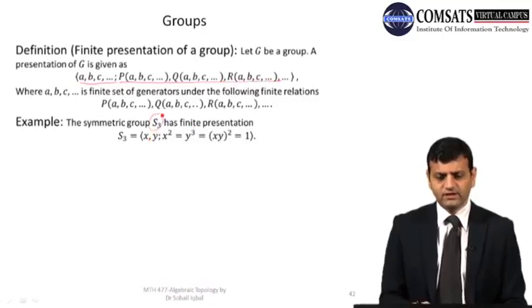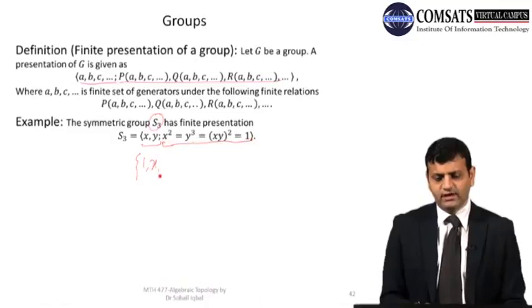In case of S3, we have seen that every element can be written as a product of powers of x and y. So we can say that x and y are generators, and the relations satisfied by them are x square is equal to y cube is equal to (xy) square is equal to 1. If we use these relations, then we will get every element of S3.